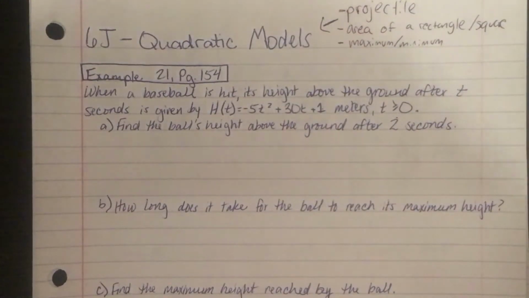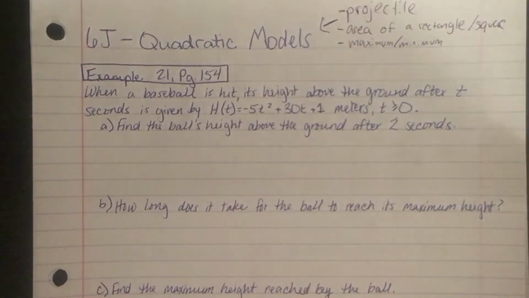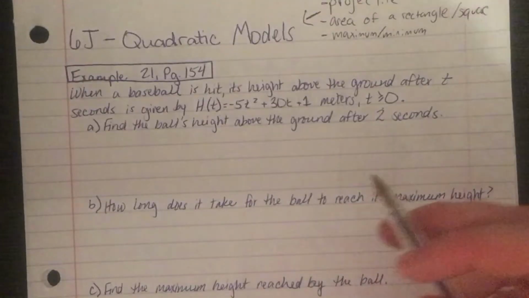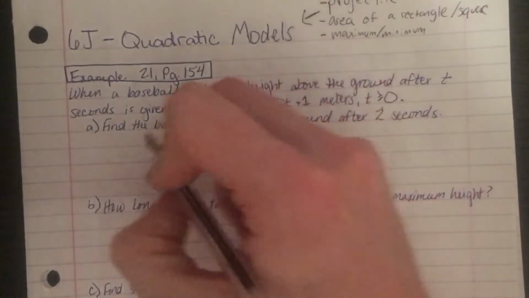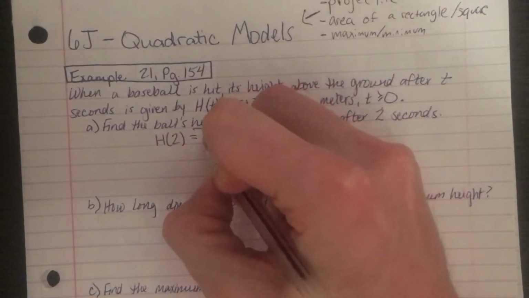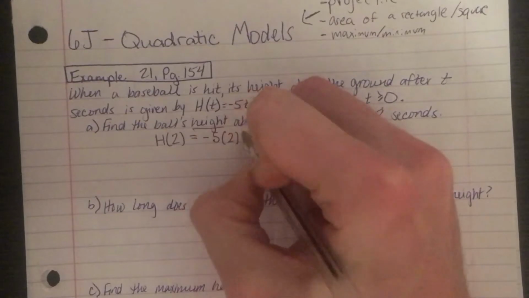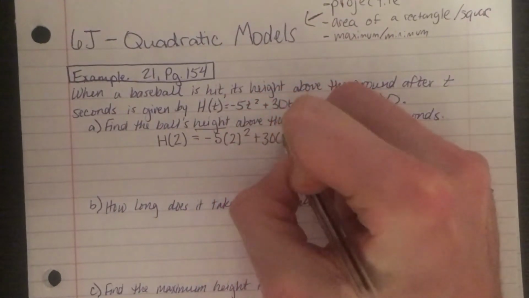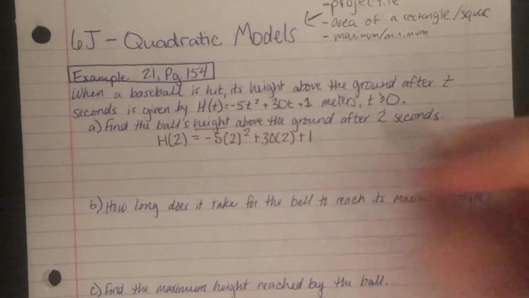So the first thing that we're going to do is evaluate the ball's height after 2 seconds. Here we've already got this quadratic model written. And so the way it's written, if we want to find h of 2, we're just going to substitute in 2 for t and then evaluate. So negative 5 times 2 squared plus 30 times 2 plus 1.